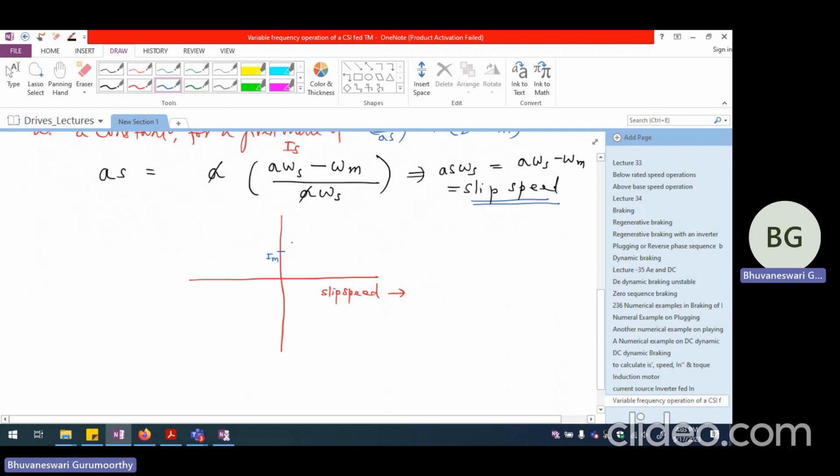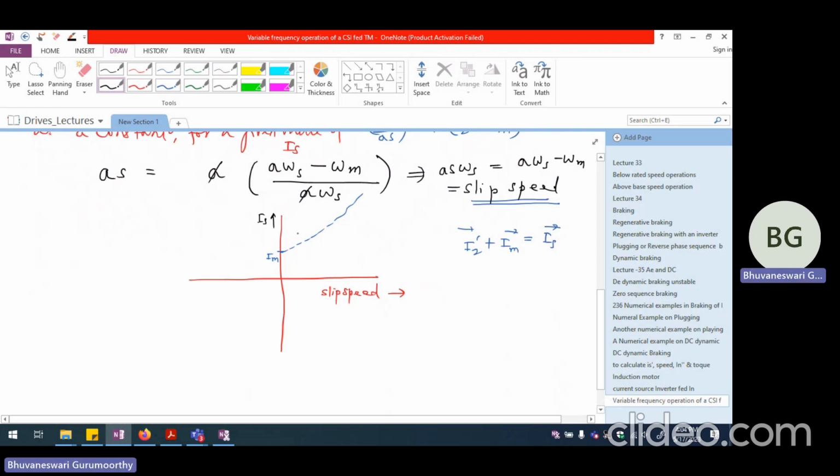And once I am going to load the induction motor, the machine will be drawing more and more rotor current. So the rotor current I2 dash plus IM, both of them put together, will make up for IS, which is the source current. So I should be able to increase the source current when I load the induction motor further and further. So this is the variation of IS with respect to slip speed. As the slip speed increases, you should be increasing the source current further and further.